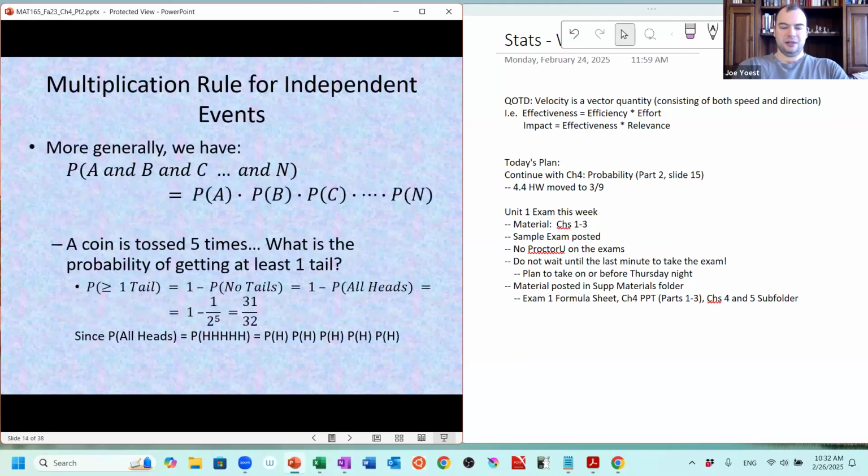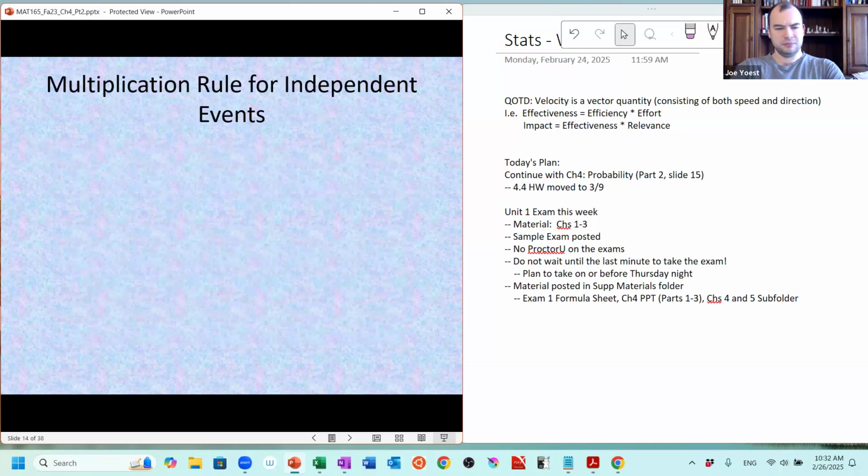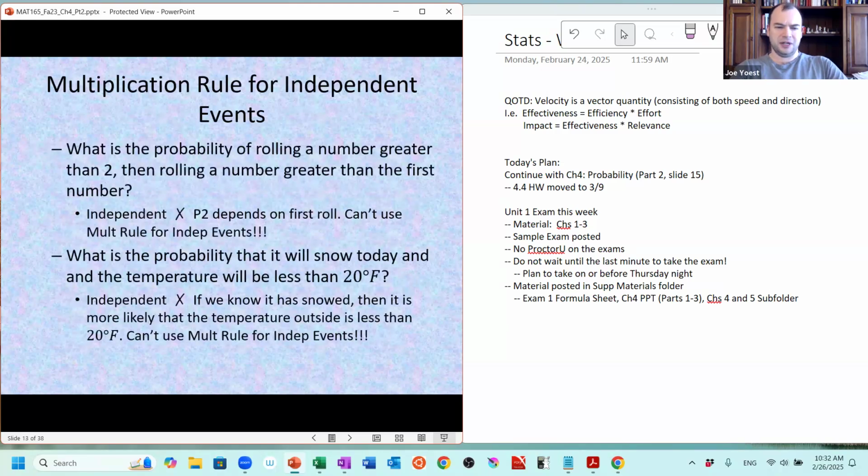There we go, my PowerPoint is being a little wonky today. But maybe something like rolling a die, seeing what number comes up, and then rolling a die again and trying to get a number greater than the first number. Well, of course, those are dependent events because the higher the number on the first roll, the harder it is to get a higher number still on the second roll.